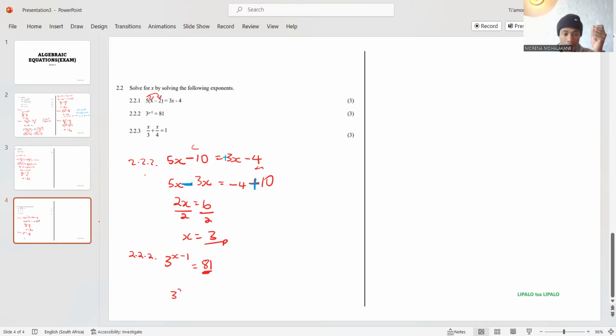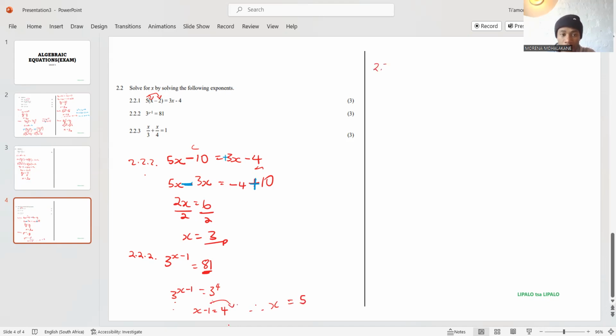So I know that 81 is 3 exponent 4, right? So if you have the same bases, you equate the exponents. So I have x minus 1 being equal to 4. So therefore, the value of x is going to be equal to 5 because I took the 1 that side.